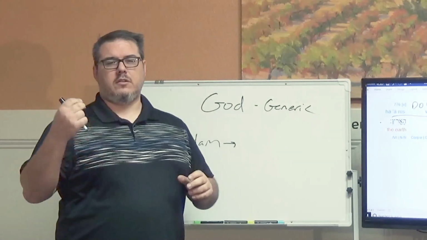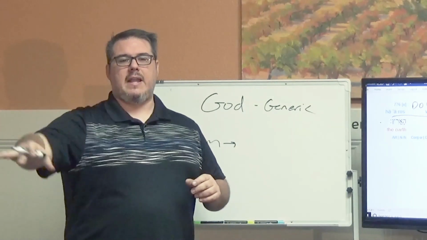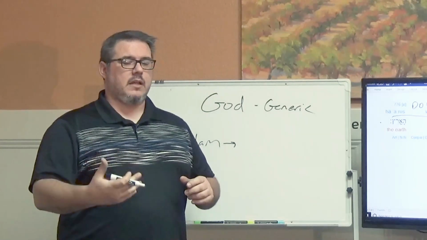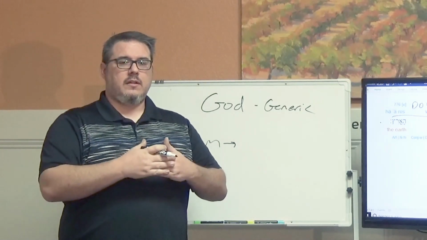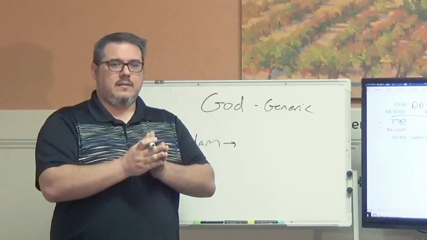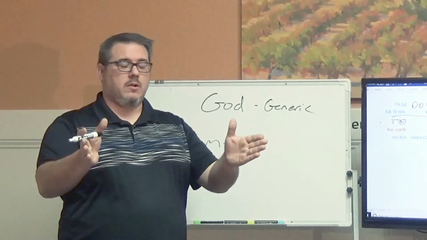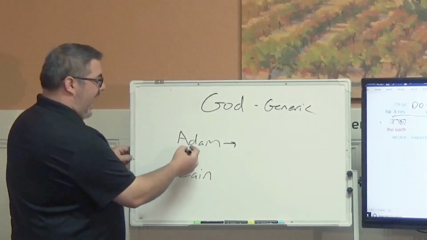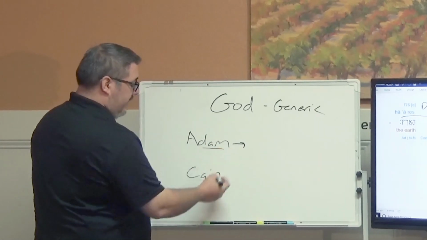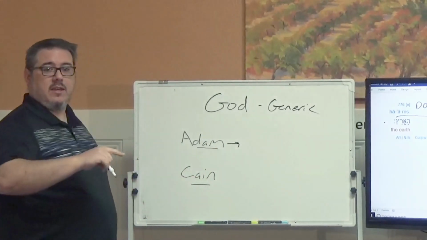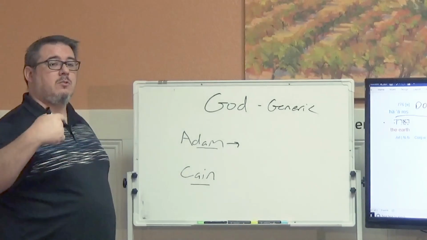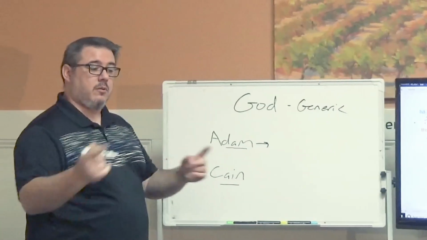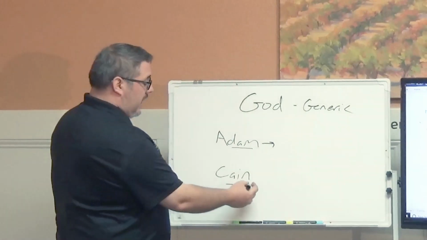A lot of us look at them and go, oh, well, why did they even put that in there? Because it's significant. The genealogies, especially in this instance, demonstrate a split within the human race. Because Adam was of the godly line, and Cain, because he sinned, and because he was under the curse of killing his brother, became the ungodly line.